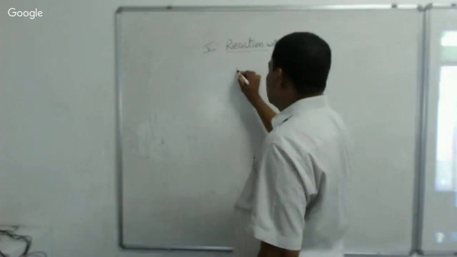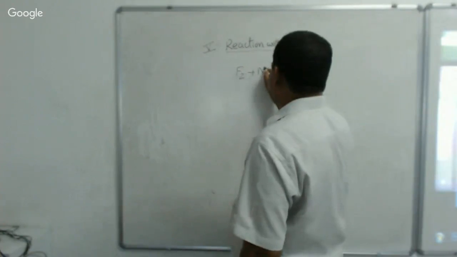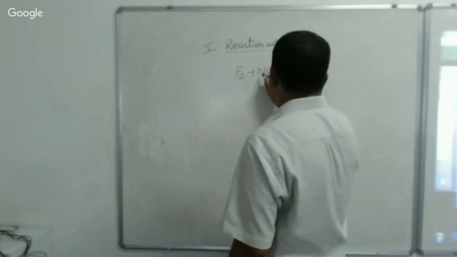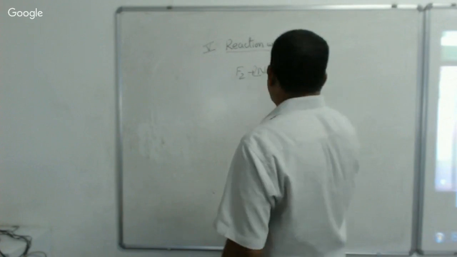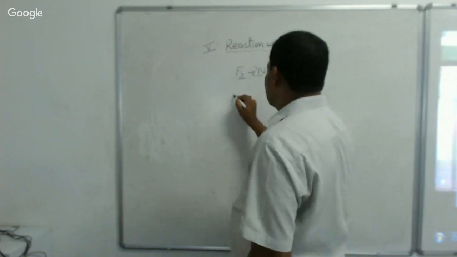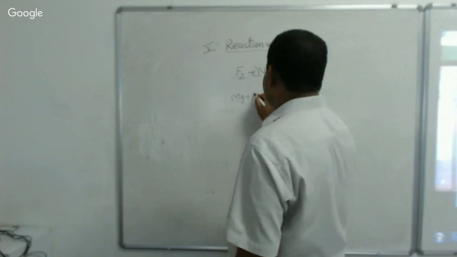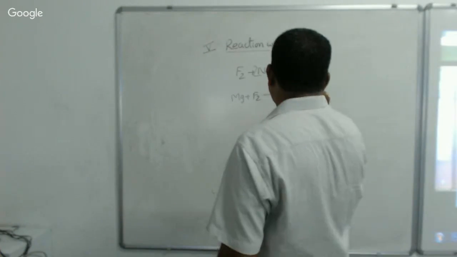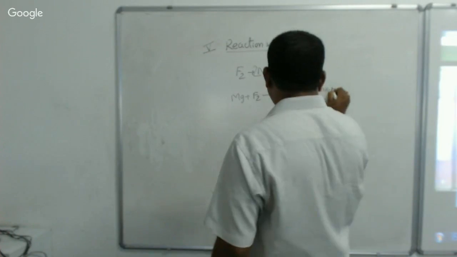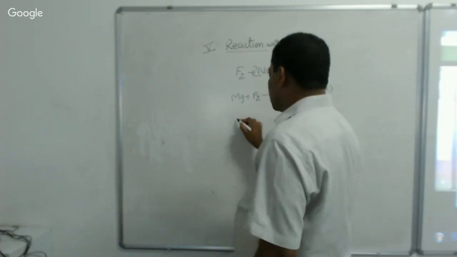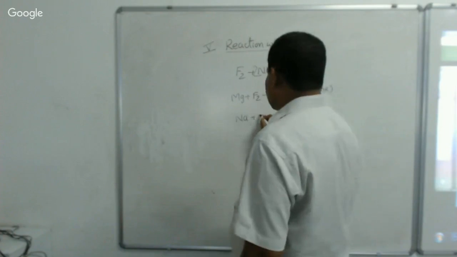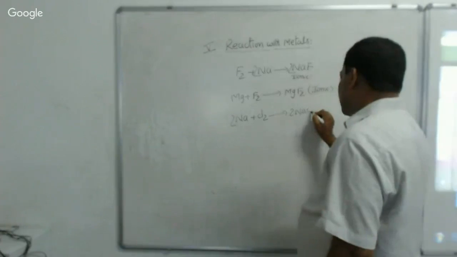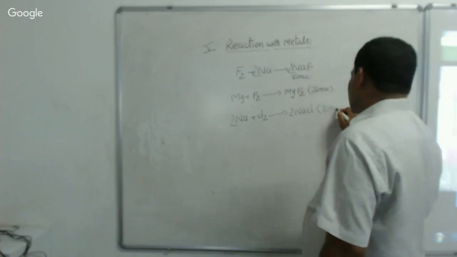Look at this. Fluorine plus sodium gives sodium fluoride, an ionic compound. Or magnesium plus fluorine gives MgF2, ionic. Or sodium plus chlorine gives sodium chloride, ionic.